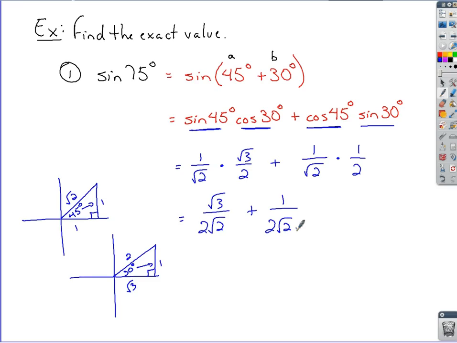And quite honestly, if you're doing these correctly, you should find you end up with fractions that have common denominators. If they have common denominators, we take one more step. We put everything together as one fraction over that common denominator. And now on top we would have root 3 plus 1, which are not like terms. We can't put them together due to the radical. Kind of a strange looking answer, but an answer nonetheless.